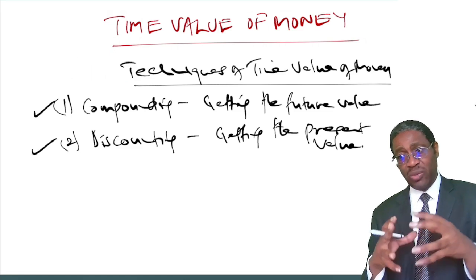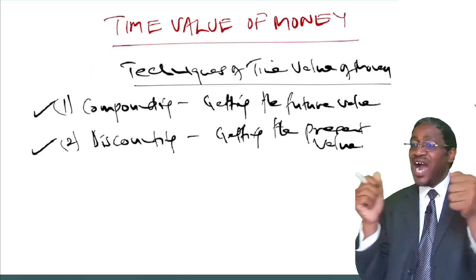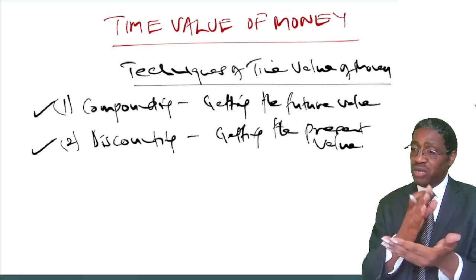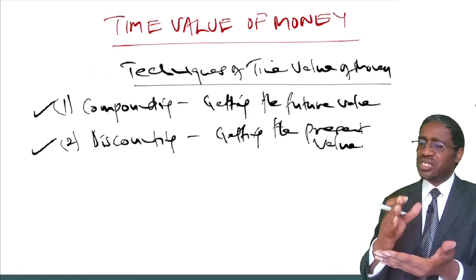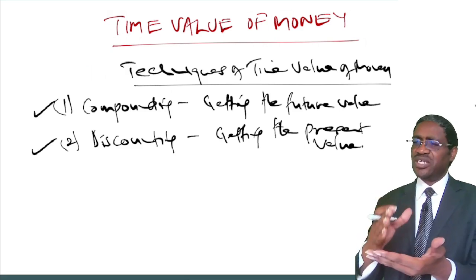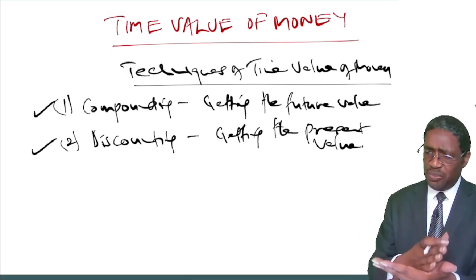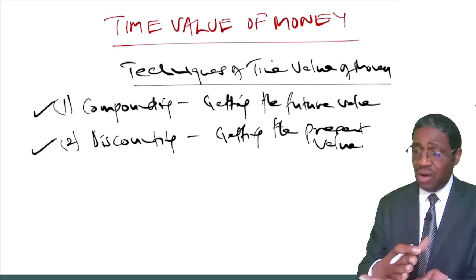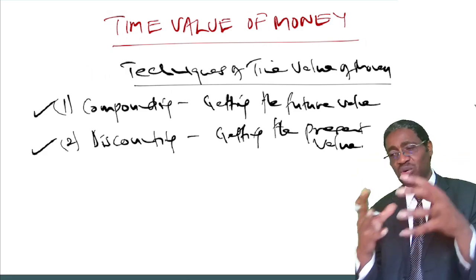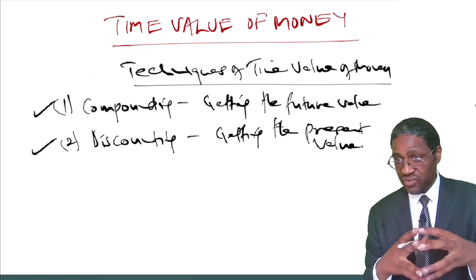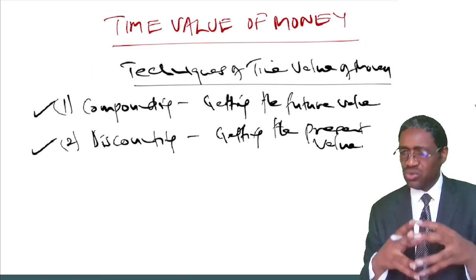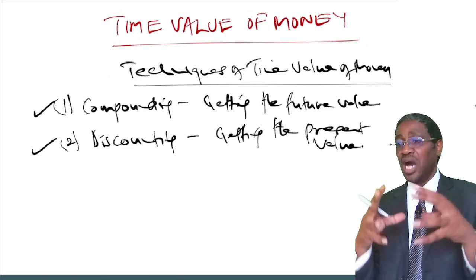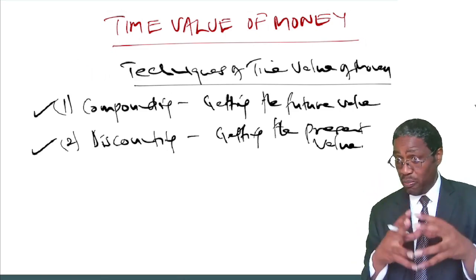Okay? Where we said compounding is adding. You invest 1 million now, it will earn interest at the end of the year. That interest will be added to the principal. Then the interest you earn plus the principal will become the amount of year 2 and so on. That's what we call compounding. You get the future value of a certain amount.